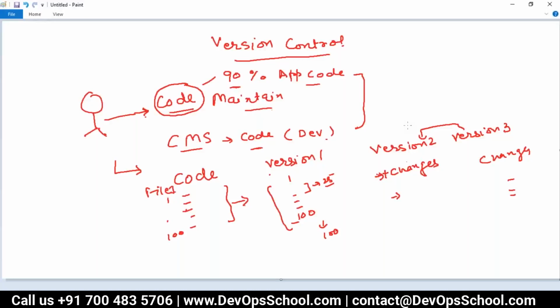Say for example, on version 3, when you move to testing and you find that there are a lot of bugs and the tester is saying the previous version, or version 1, was giving good results as compared to version 3. So you can revert back the changes. So this is the main purpose of version control. It will keep track of the changes which you are doing for your application.